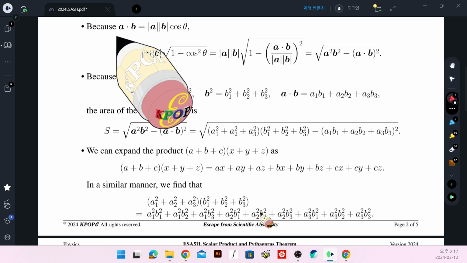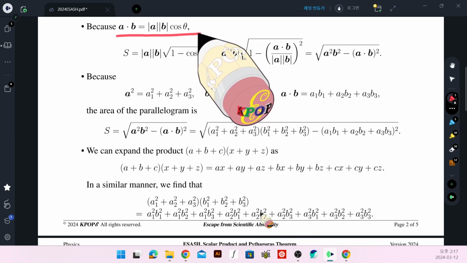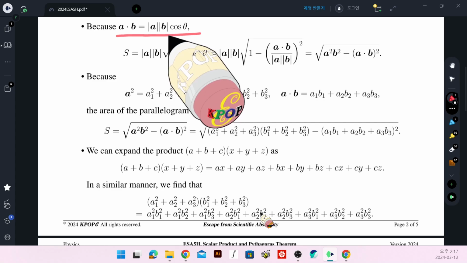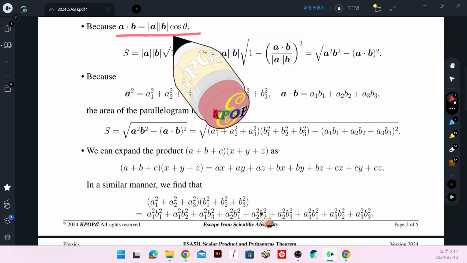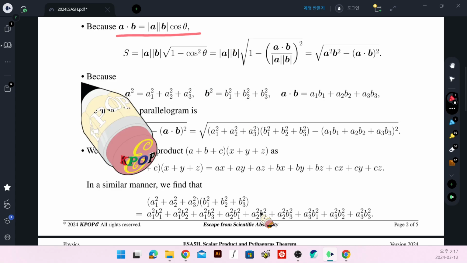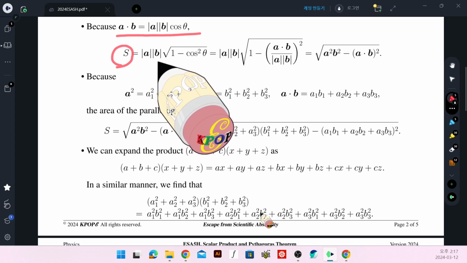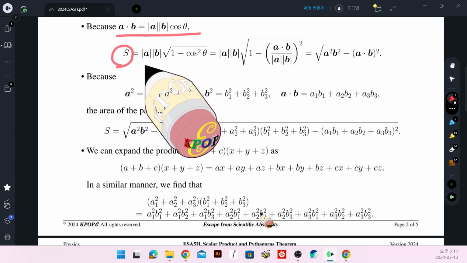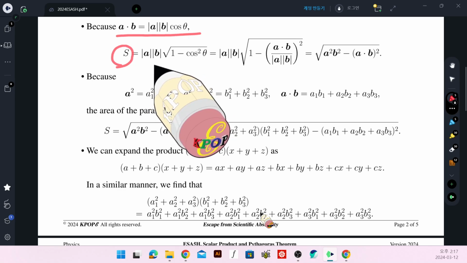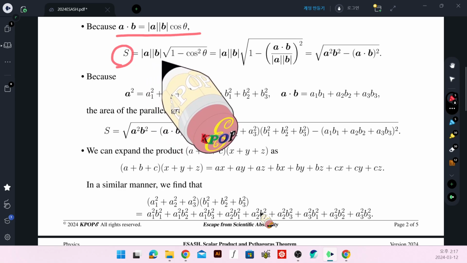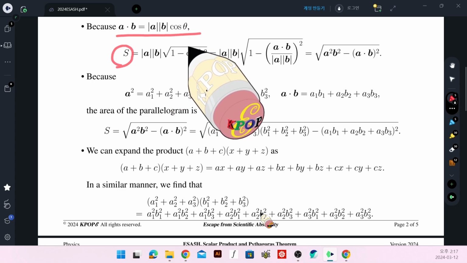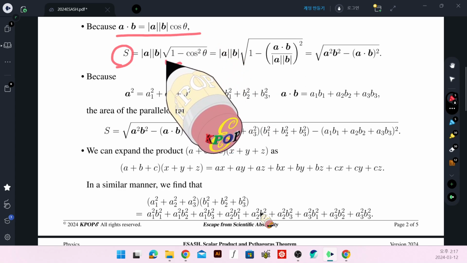As I explained, the scalar product is a product of the magnitudes of the two vectors multiplied by cosine theta, and the area of a parallelogram spanned by A and B vectors is the magnitude product, A absolute value, B absolute value, times sine theta.